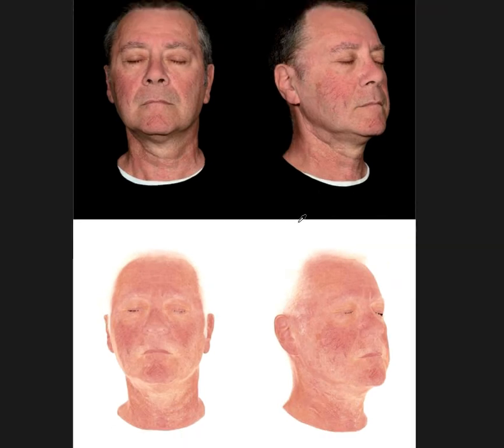Let me zoom out a little bit. Right here you see the old man's face. Up here is a combination of the value and the color, and the bottom one is just the color separation. So the computer uses this, combines them, and then generates this, right?